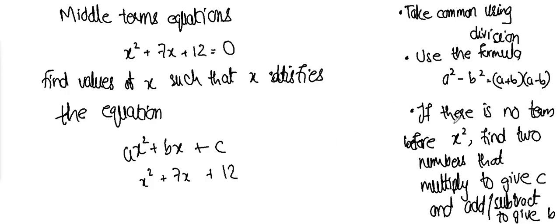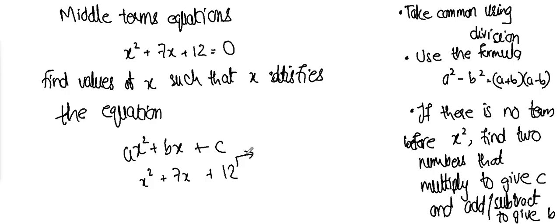We need to find, yes, if there is no term before x squared, is there a term? Yes, we do have a term. That's 1, but that's negligible, right? So basically, if there is 1 before x squared, find two numbers that multiply to give c, but those same two numbers add or subtract to give b.